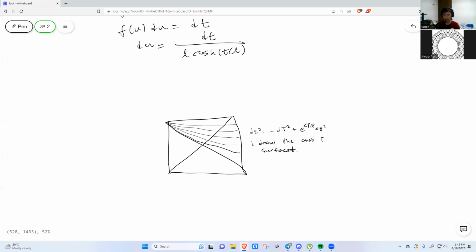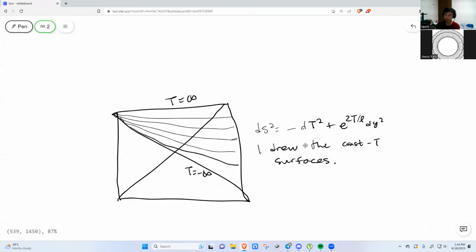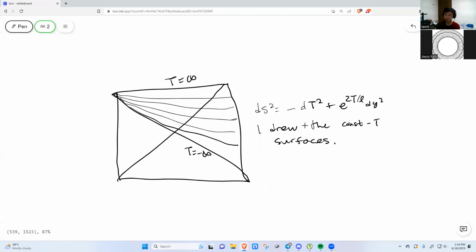Over here is t equals infinity, and over here t equals minus infinity. The diagonal line is t equals minus infinity. Now a few things to check here: as t goes to infinity, space becomes infinitely expanded.